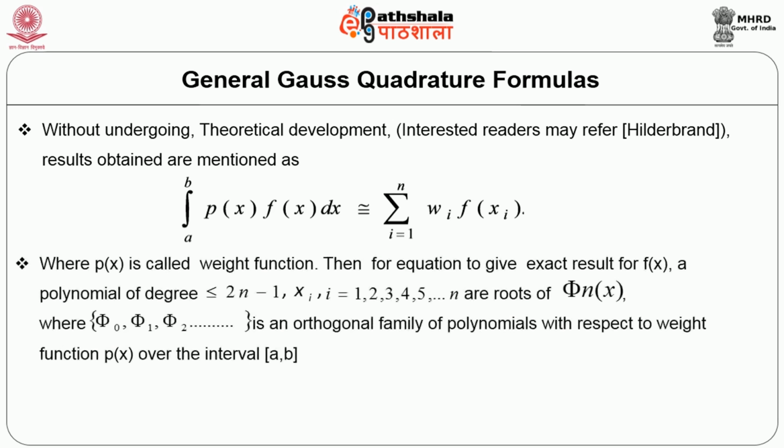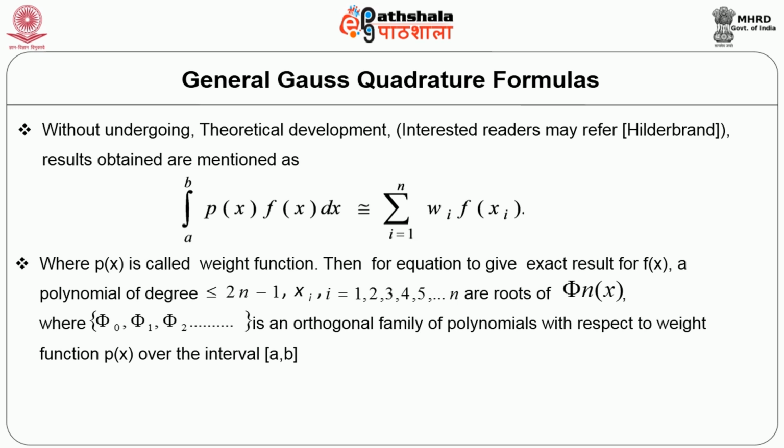This is the type of formula, Gauss Quadrature formula, which we are deriving. p(x) is the weight function, and this formula should give us the correct result for f(x) a polynomial of degree less than or equal to 2n minus 1. In this, the xi's, which are supposed to be unknown, turn out to be the roots of phi n(x).